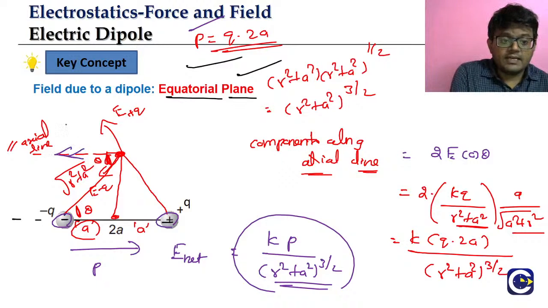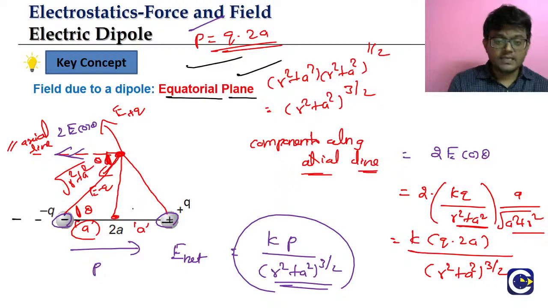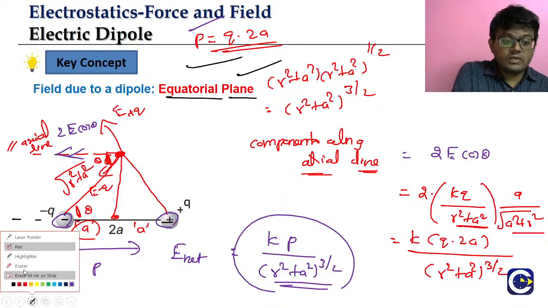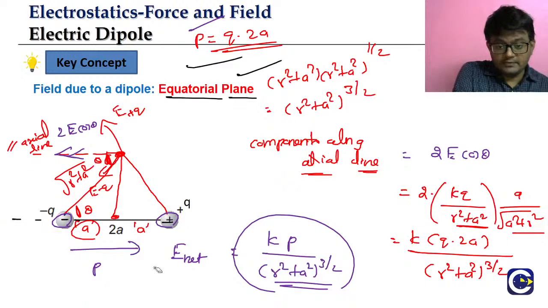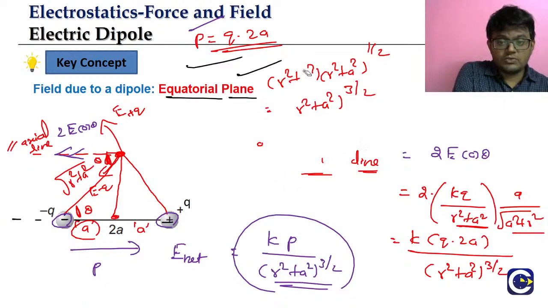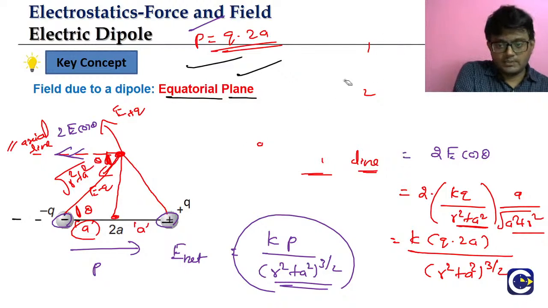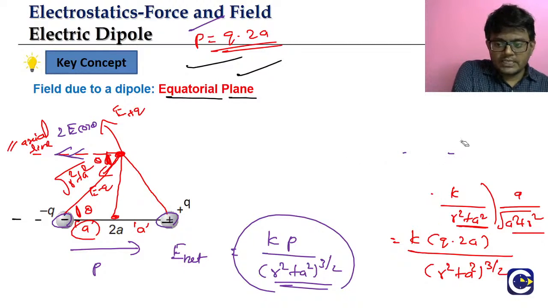The net field, 2E cos theta, will be towards the left side. Means the dipole moment is in opposite direction to the net electric field, or we can say the net electric field is in opposite direction to the dipole moment.